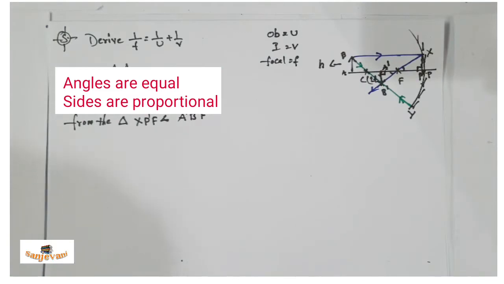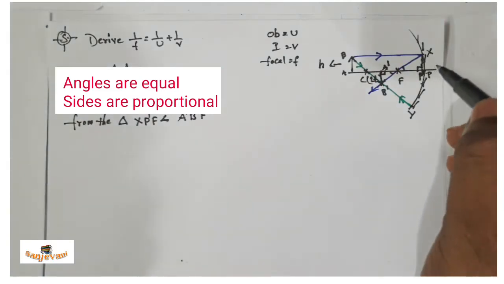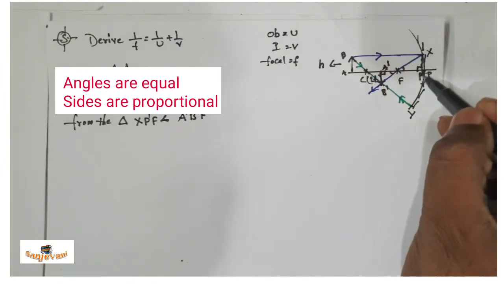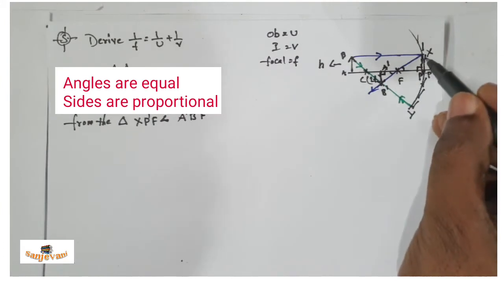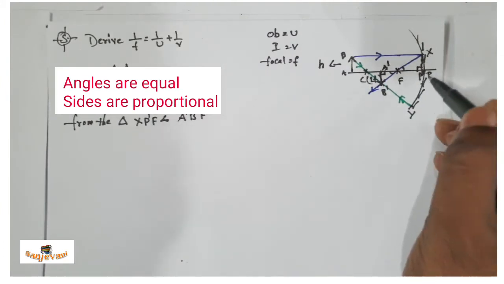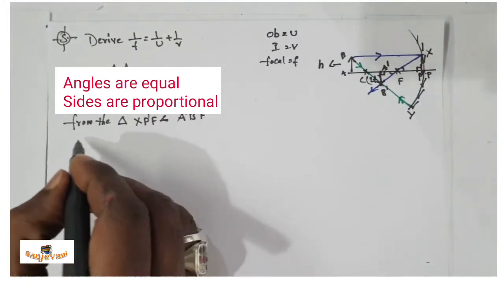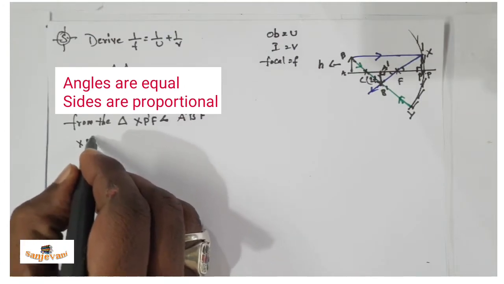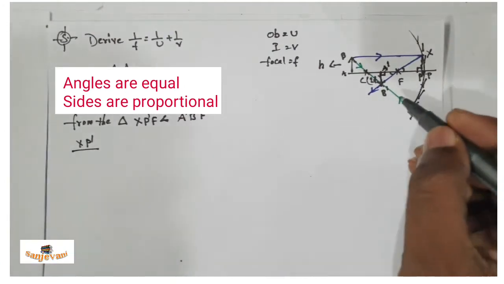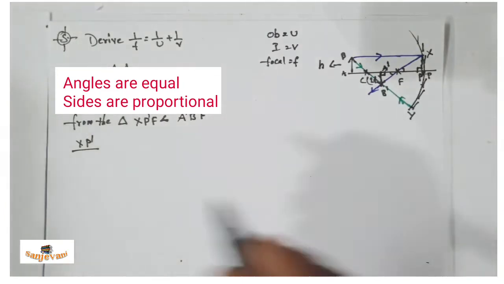Yeah. Now when I apply that sides are proportional funda, first of all I am going to take the opposite side of this triangle and the opposite side of this triangle. What is the opposite side of this triangle? It is X, P dash. X, P dash by, in the second triangle, what is the opposite side? A dash, B dash.